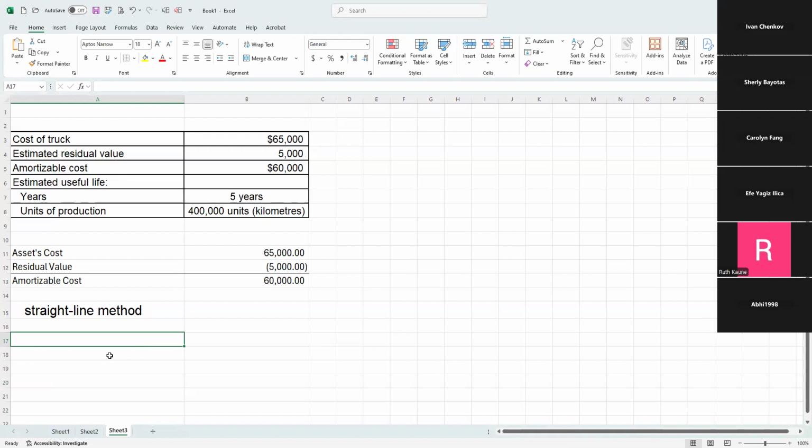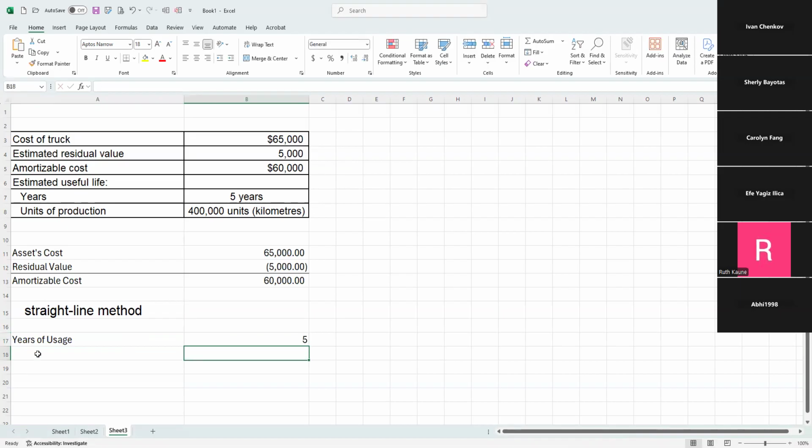The question is, over how many years? For that reason, we have to find it. What's the useful life of this particular asset? In other words, for how many years are we going to use it? So once we have the amortizable cost, we need years of usage. How many years? 5 years.